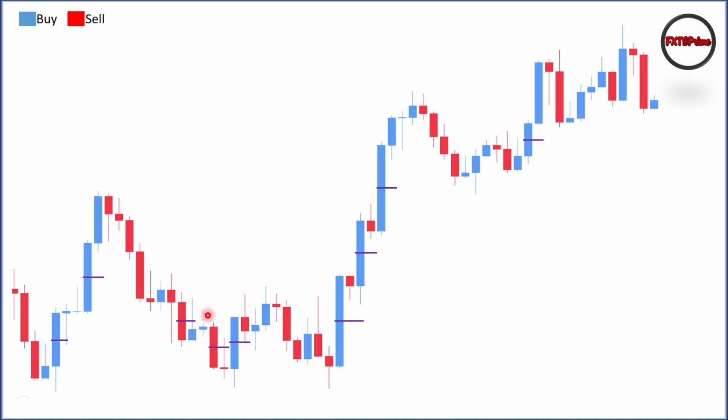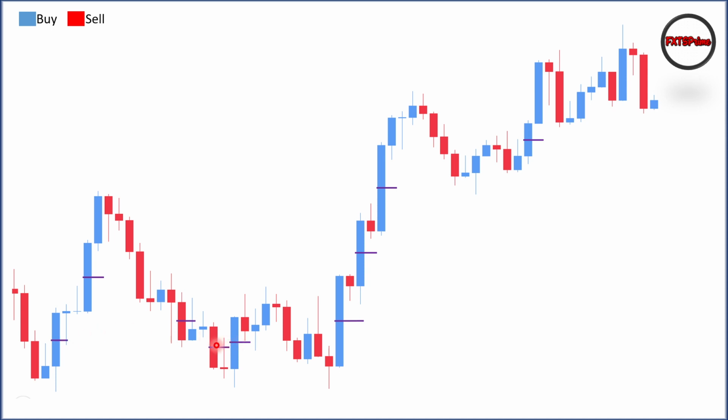Another example here: this is another candle overlapping the previous sell one, and this is another one overlapping the previous one. And this is an example of a candle which did not overlap the previous candle. So what we need to take from this: if I have a candle which is crossing the 50% of the previous candle, we call this overlapping.